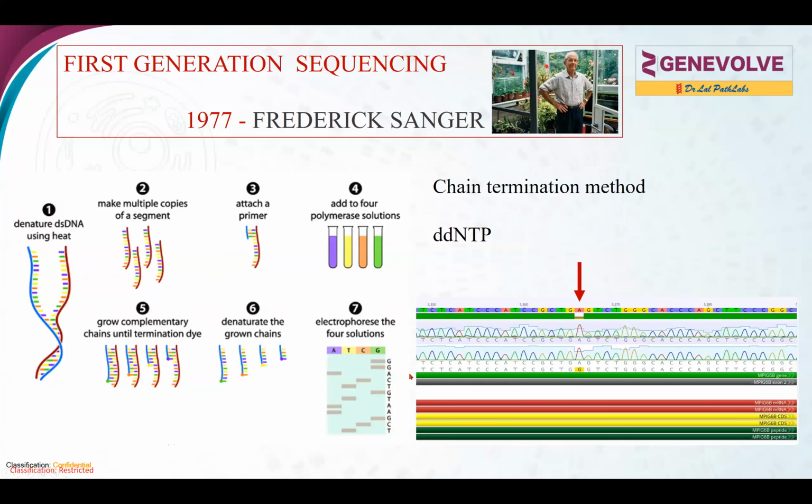These chains are run through electrophoresis, and we see a sequence. So this sequence of the gene target of interest is laid down against a reference genome, the human reference genome, and we see if there is a change. Here, as you can see, there is a homozygous change from G, which is supposed to be there in the reference genome, and in the patient, we have an A. So it's a homozygous G to A change in the specific gene.